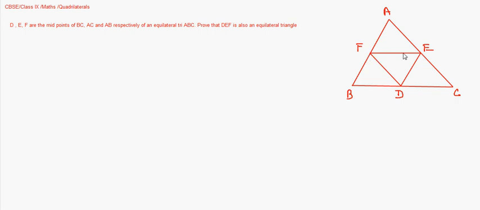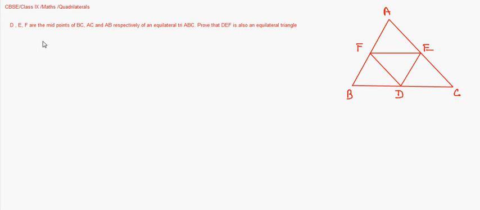So it's given ABC is an equilateral triangle and F, E, D are the midpoints. Now we know that F and E are the midpoints of AB and AC. Similarly, D is the midpoint of BC. By what the midpoint theorem said, the line joining the midpoints of any two sides is parallel to the third side and is half of it.